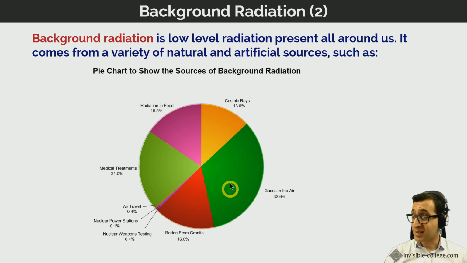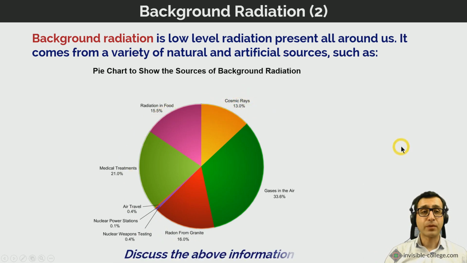Gases in the air account for approximately 33.6% of the background radiation. We also have radon from rocks like granite, which is a gas that comes from granite rocks. This makes up about 16%. This will change from one part of the country to another. And we also see other sources as well, including from space.